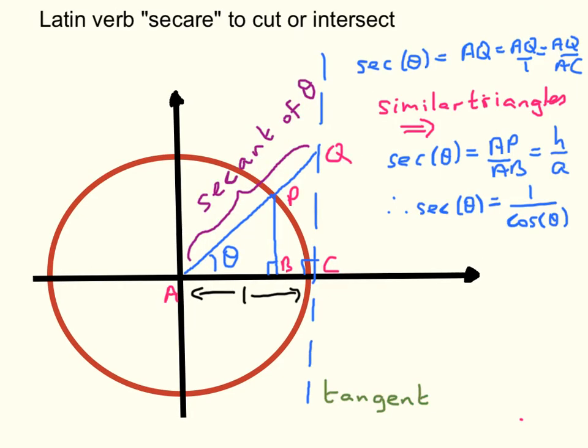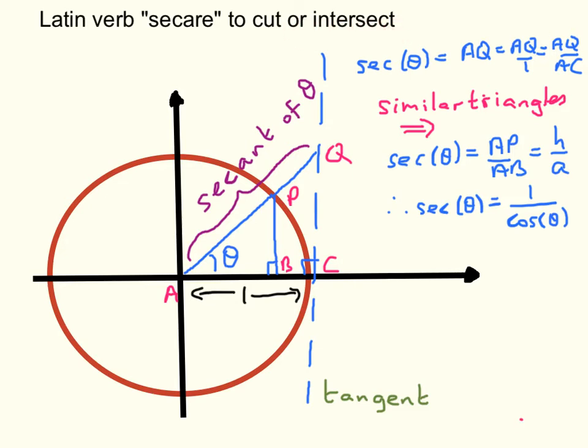So what I want to talk about now is the secant function. And to understand that, it's useful to know that in Latin there is a verb secare, which means to cut or intersect.